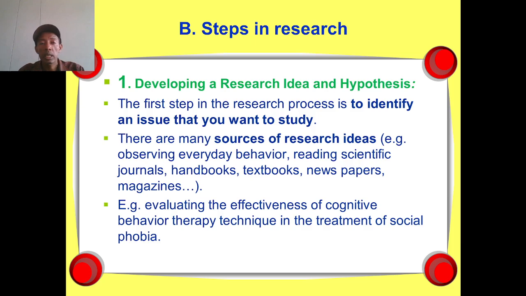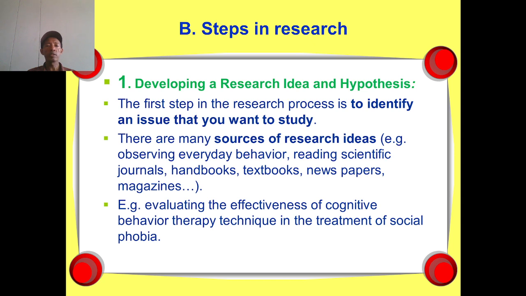The second component that we discuss in this presentation is steps in research or the research process. The first is developing a research idea or hypothesis. So researchers first identify an issue or a problem that they want to study.